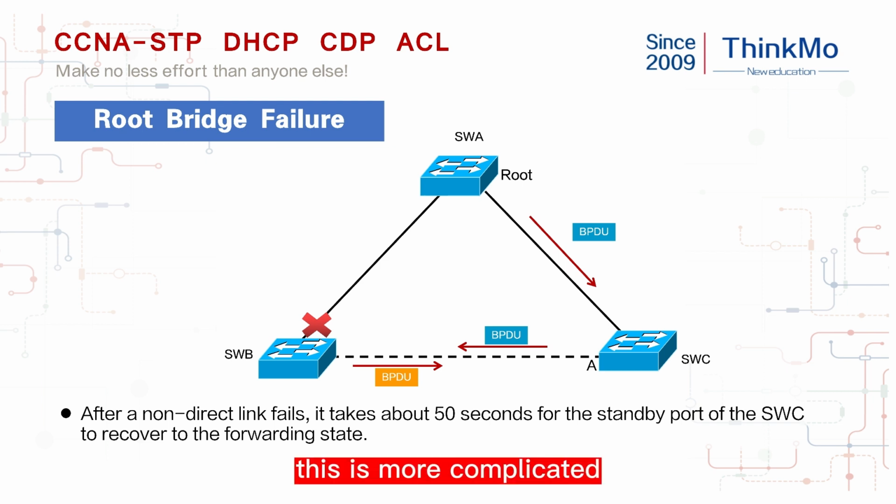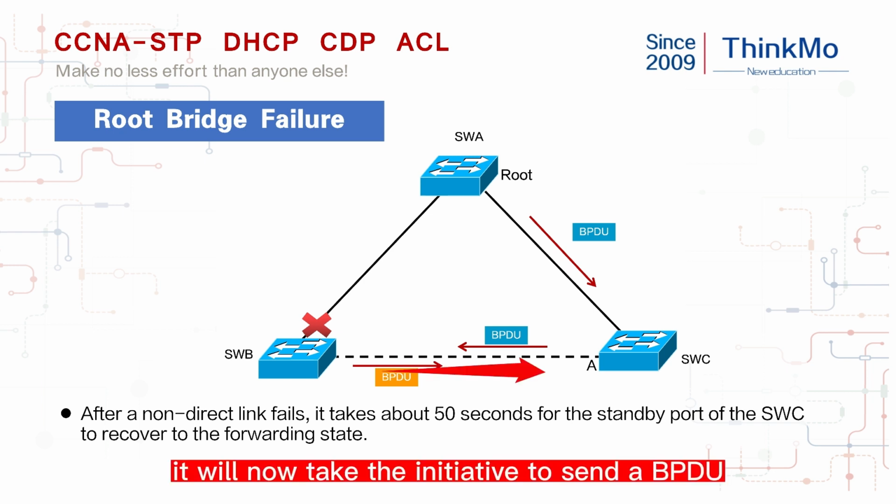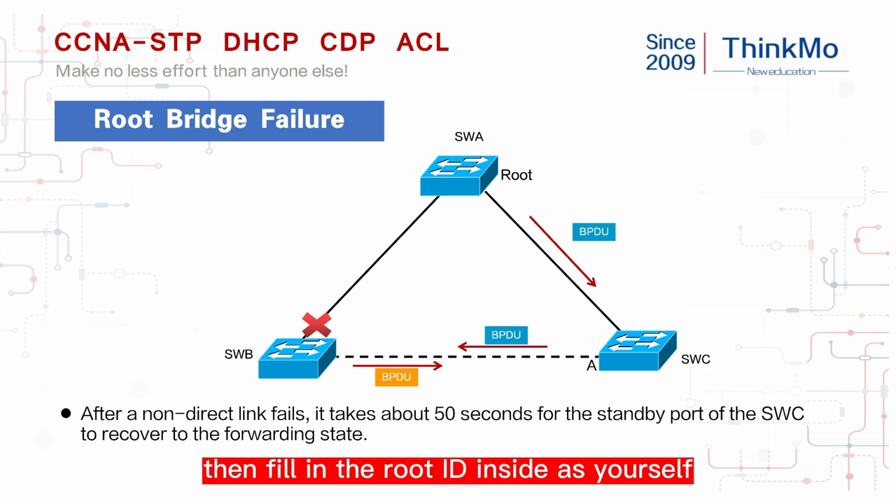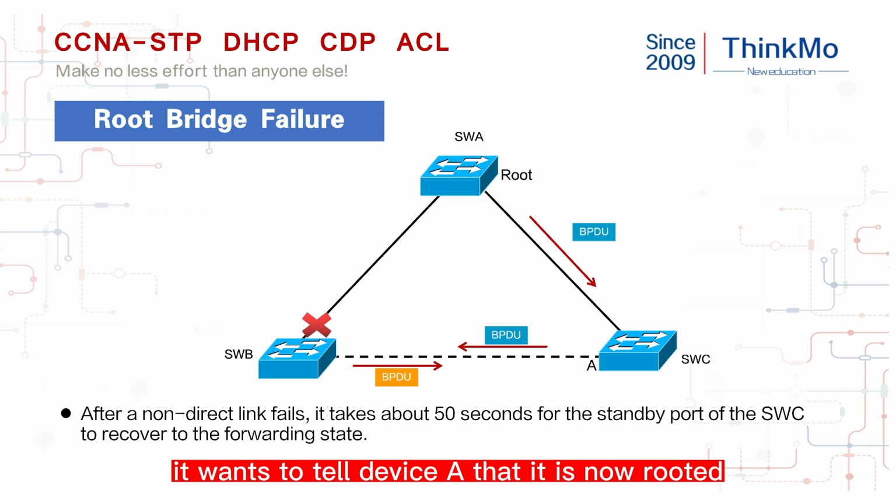This is more complicated. You will find here is a yellow BPDU. It will now take the initiative to send a BPDU to device A, filling in the root ID as itself. It wants to tell device A that it is now the root.